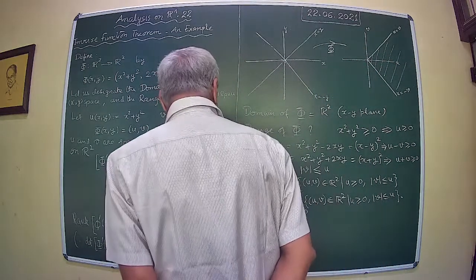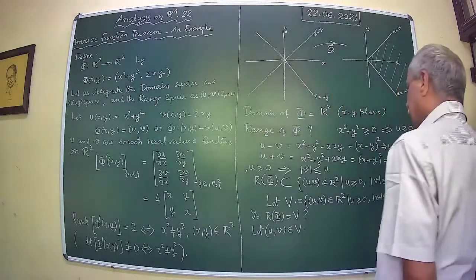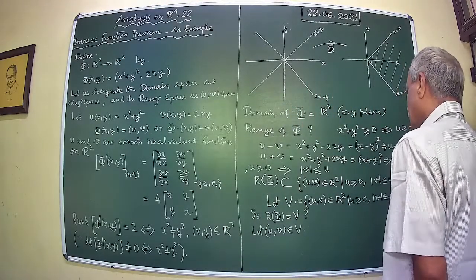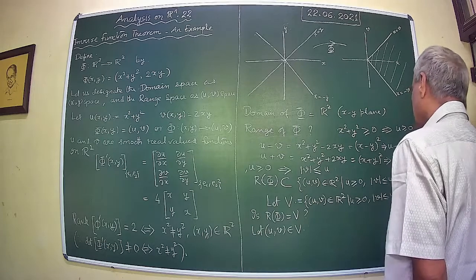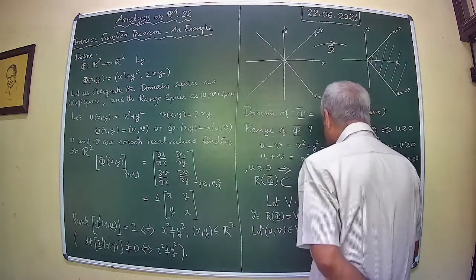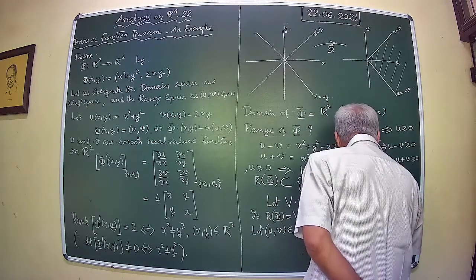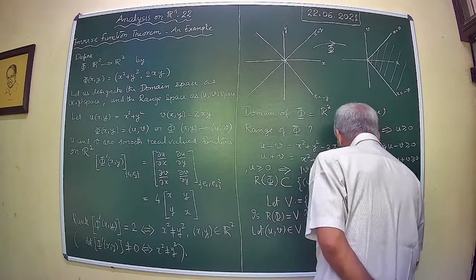So both the cases. Okay. Then what you have? Then you see that, in any case this is true, u minus v equal to (x minus y) square.